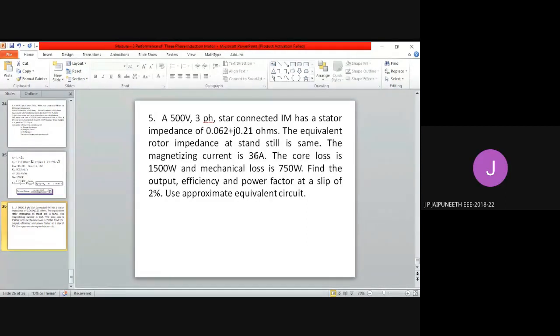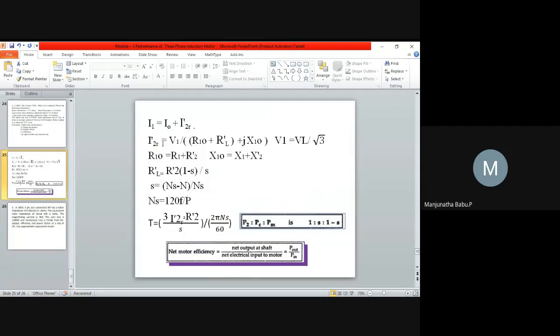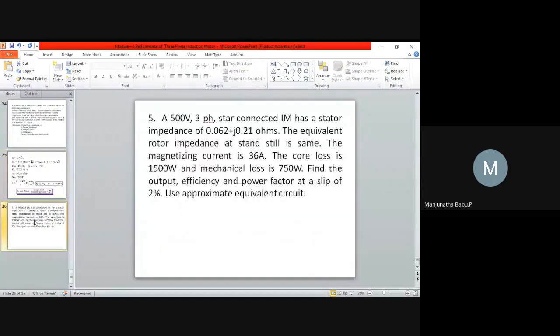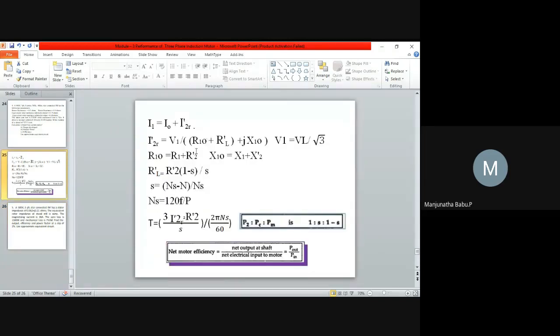Okay. Once you find I naught, next go for finding I2R dash. Again, I2R dash will be equal to V1 divided by R1 naught plus RL dash plus jX1 naught. With respect to the given data, R1 naught is 0.062 plus, when you go for the rotor, again 0.062, so R1 naught will be equal to 0.124 ohms.